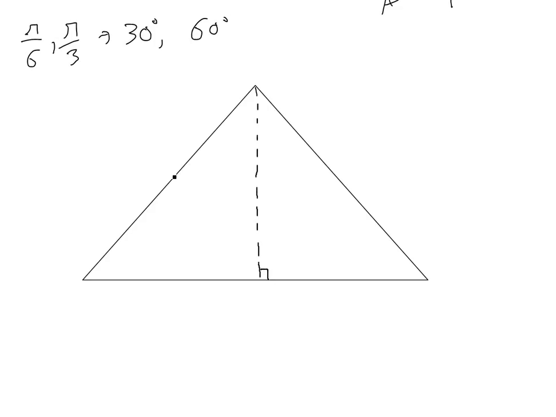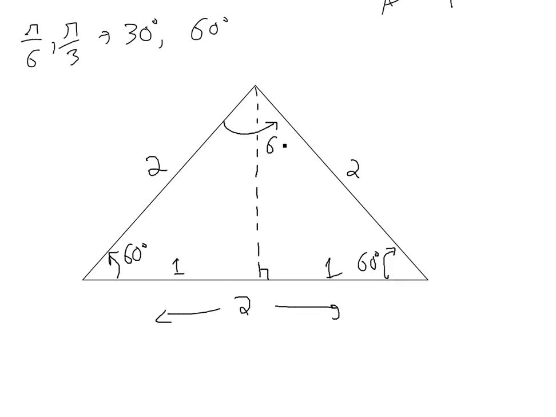Let's say this is length 2. These are all length 2. So this whole side is length 2. If you cut it in half, this is going to be length 1, and this is going to be length 1. And in an equilateral triangle, this angle is 60 degrees, this is 60 degrees, and this is 60 degrees.